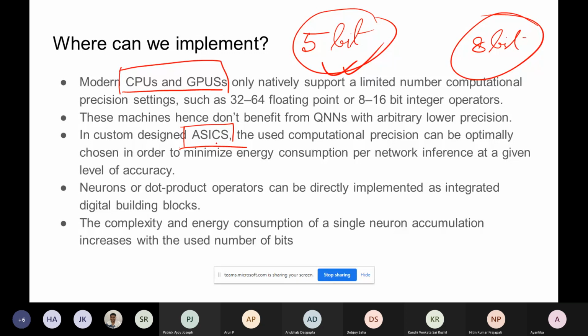So this is the importance of ASICs, that whenever you go for a particular application, maybe a particular wearable device, your smartwatch, there you are doing just one sort of machine learning algorithm. So that is very application specific. There it is sufficient if you have some 5-bit hardware blocks, because for that application it is sufficient.